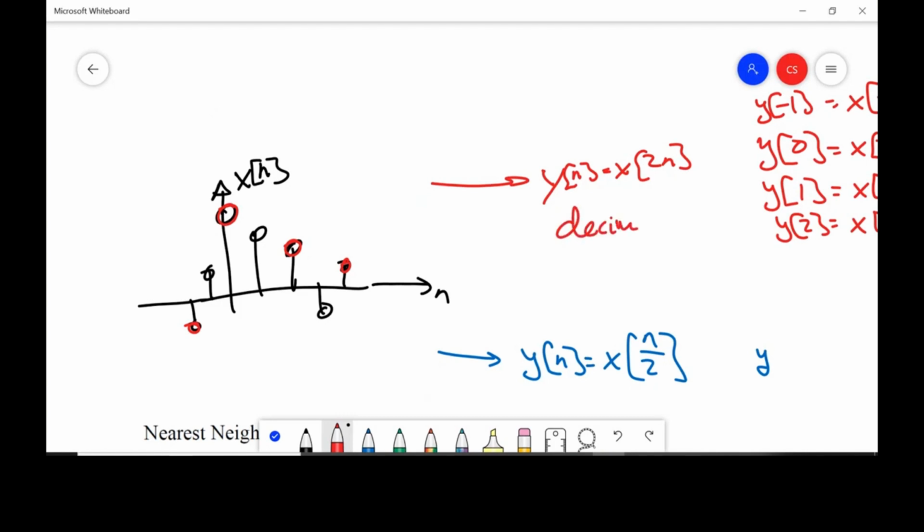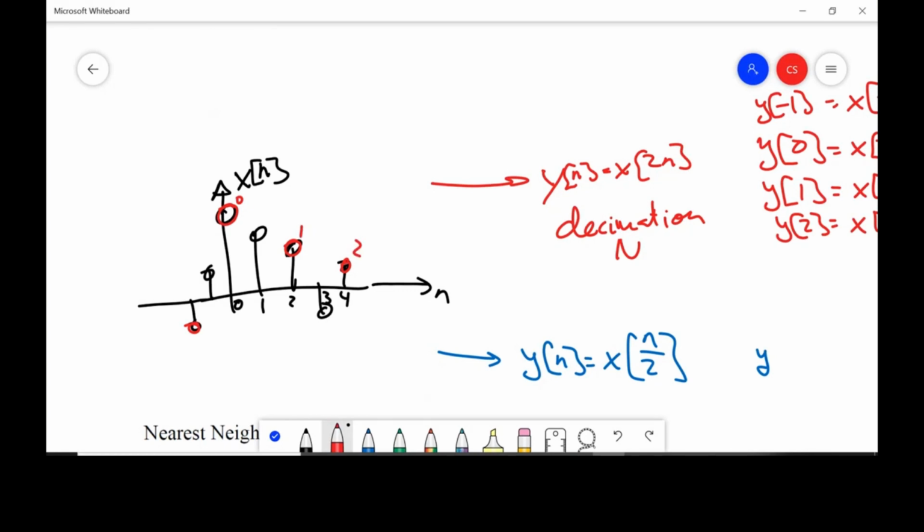So this operator is a decimation by a factor n, by factor 2 in this case. In the decimated signal, let's write the indexes in the original signal: this is index 0, 1, 2, 3, 4. But in the decimated one, this is 0, 1, 2. So there is a compression of the time axis, right?